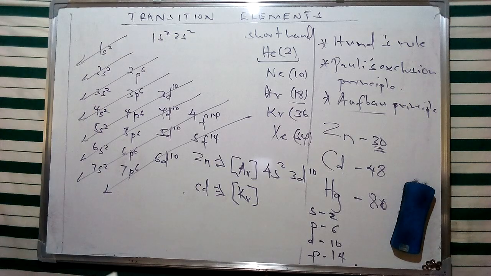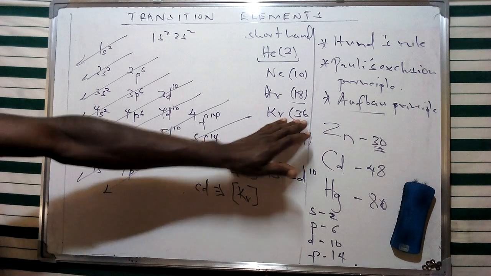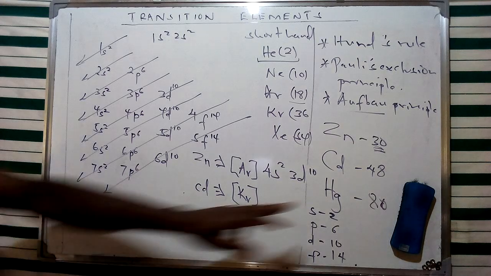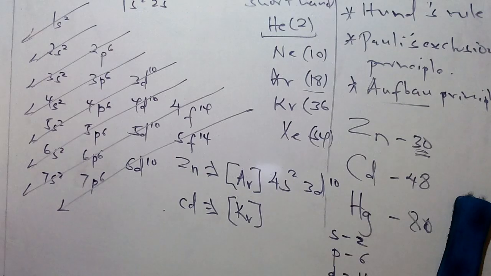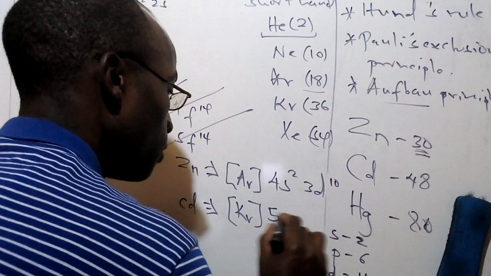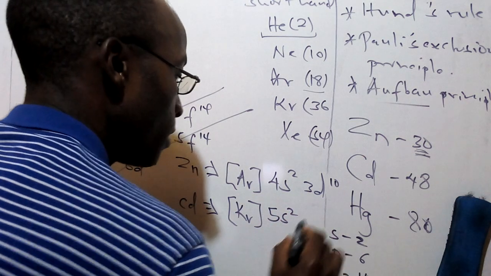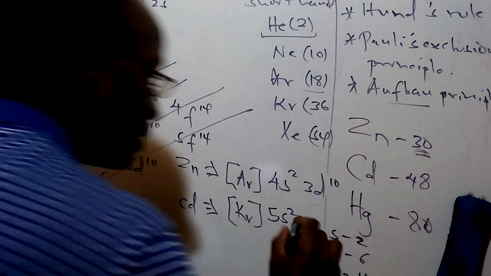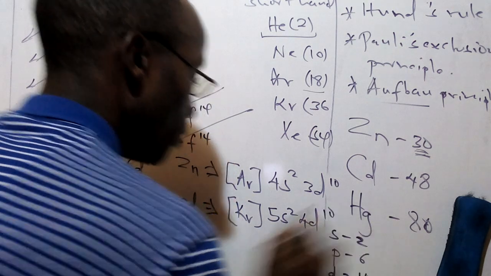Krypton has an atomic number of 36, and we need to reach 48. So there's a difference of 10 electrons, which are going to be filled by the 5s orbital, which is going to have 2 electrons, and then the 4d orbital, which is going to have 10.